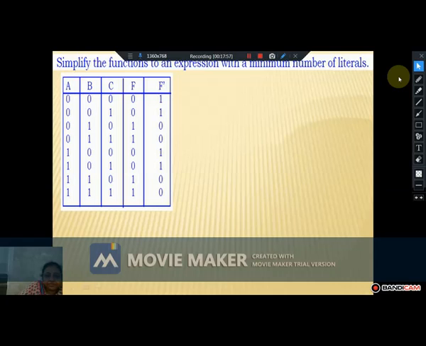F means SOP, f dash is POS. There are three variables, ABC, so we need to draw a map for three variables.